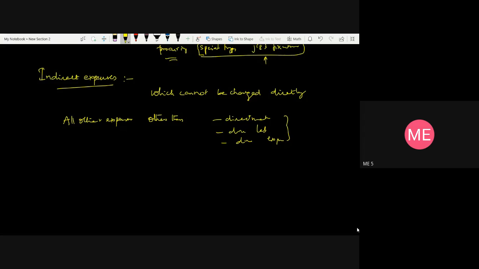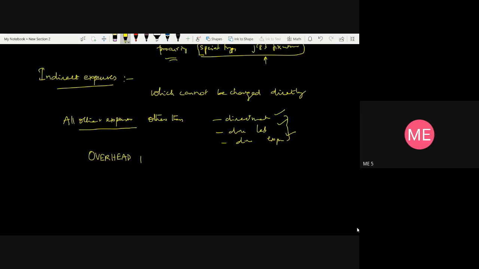So all expenses incurred other than direct material cost, direct labor cost, and direct expenses are called indirect expenses. We can give them another name: overheads.